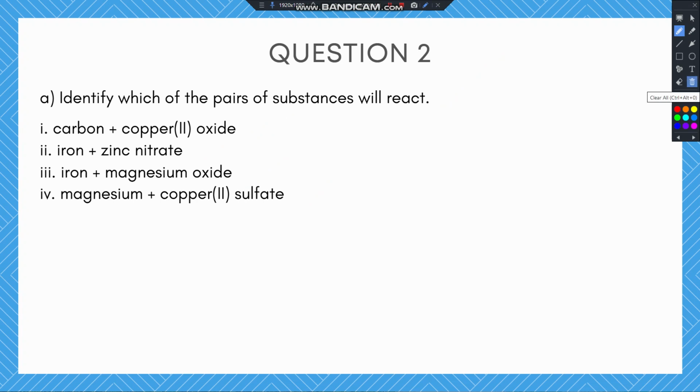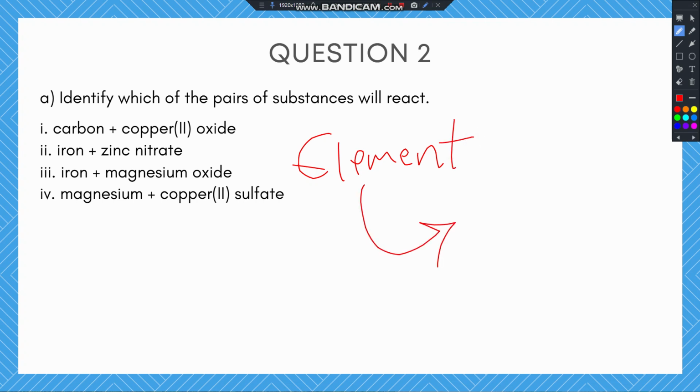Now, in order to know whether a pair of substances will react, you need to know if there will be a displacement. What is a displacement? A displacement simply means if an element that is standing alone will displace another element that is in a compound.